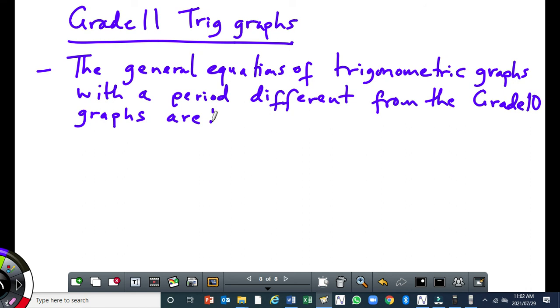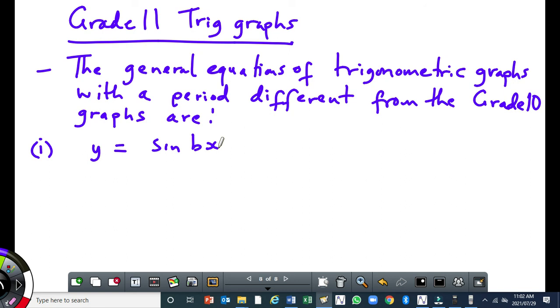So first one, it will be y equal to, let's use b, sine bx. Please take note here. The sentence says the general equations of trigonometric graphs with a period different from the grade 10 graphs are, which means the period for sine and cos is no longer 360 now.